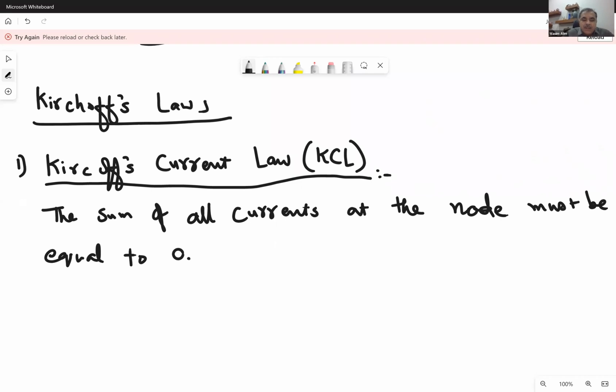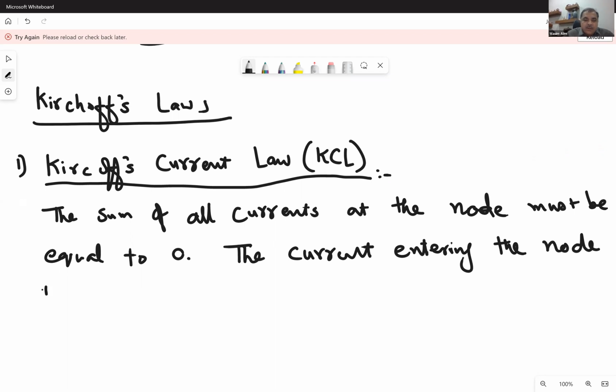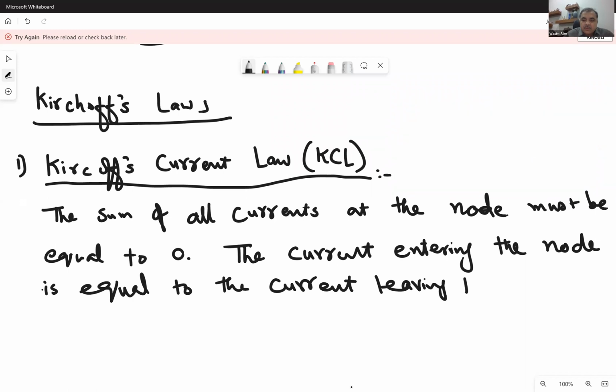So in other words, the current entering the node is equal to the current leaving the node. Okay, and we can describe it as such.